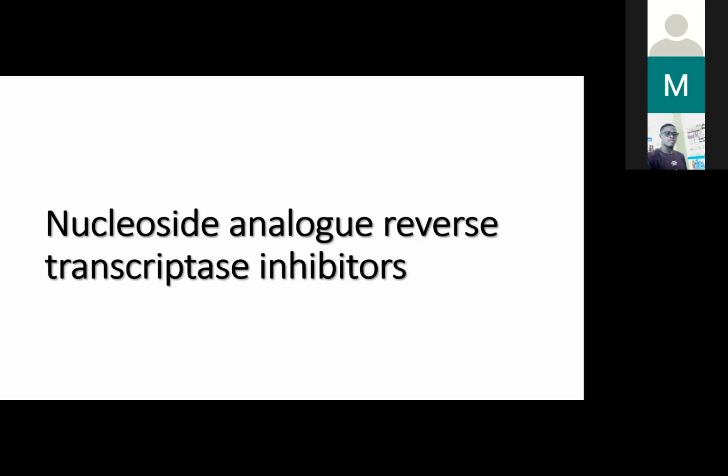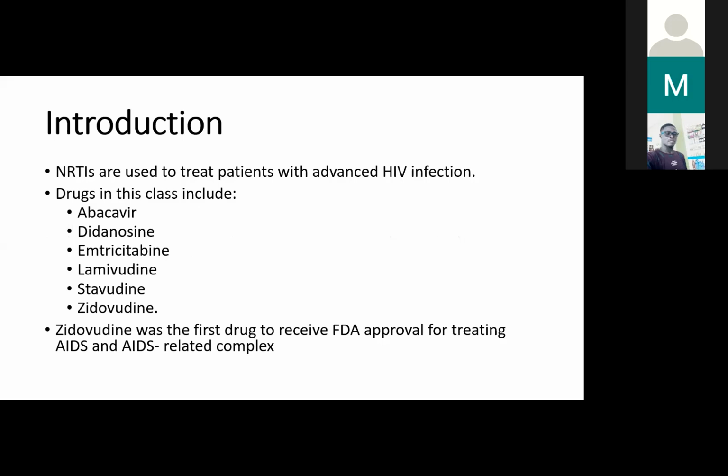So the first group of drugs is the nucleoside analog reverse transcriptase inhibitors. Nucleosides are one of the key components in DNA synthesis. This is how it works: it's used to treat patients with advanced HIV infection.